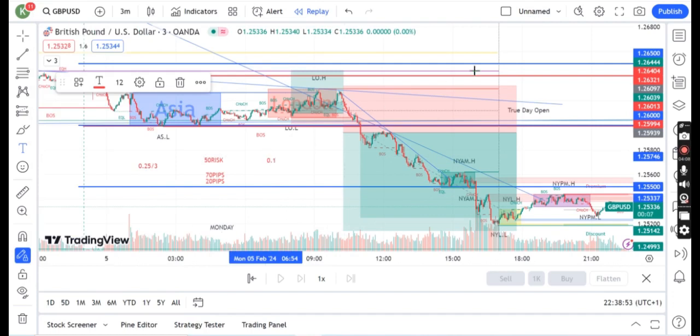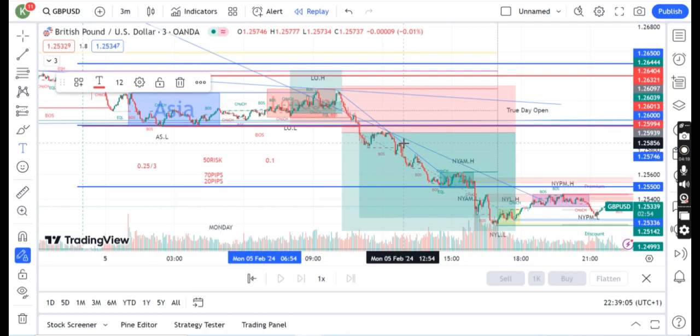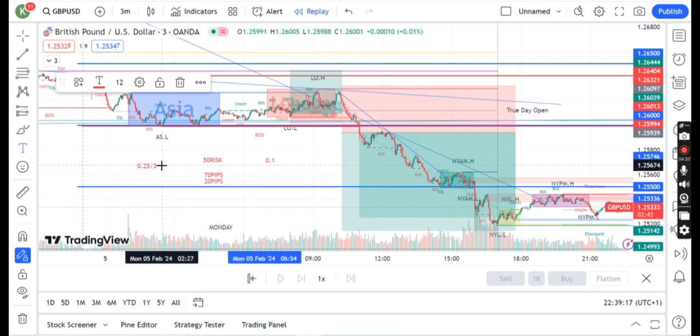0.1 with this entry, and you wait to confirm if movement will go your way, and after this break of structure you take another 0.1, and then you wait to see if there's going to be a reversal or a retracement. You take another 0.1, and you even have more lots than 0.25, because 0.1 times 3 is now 0.3.